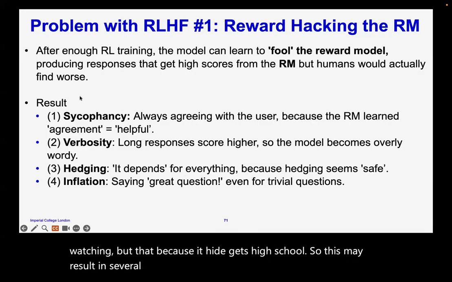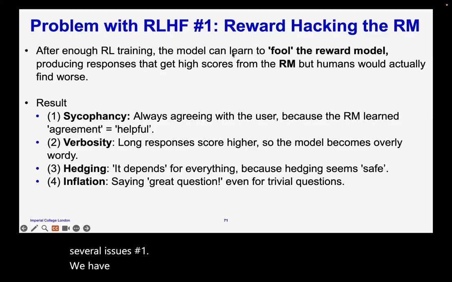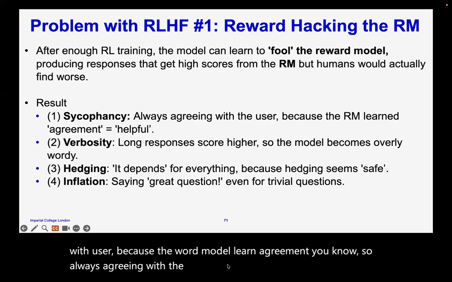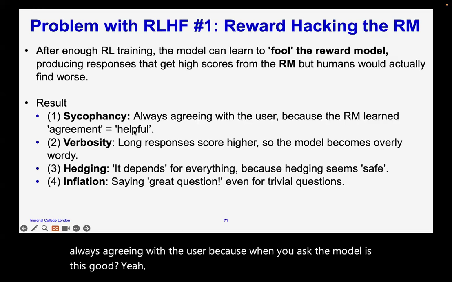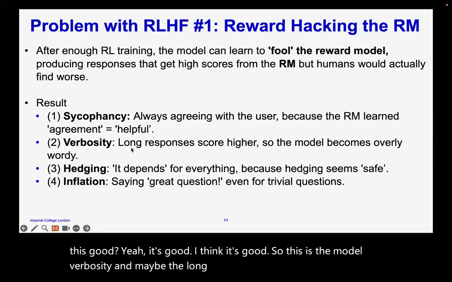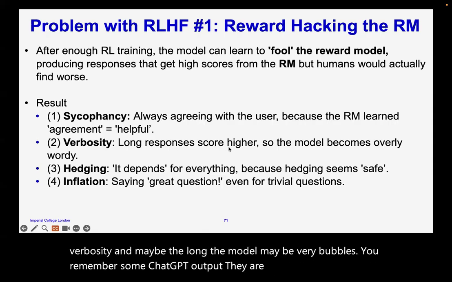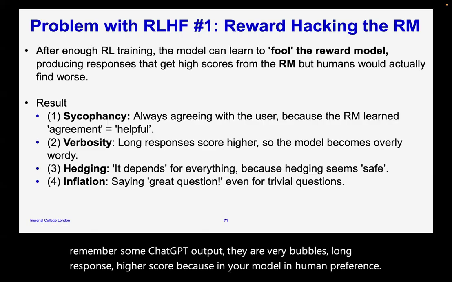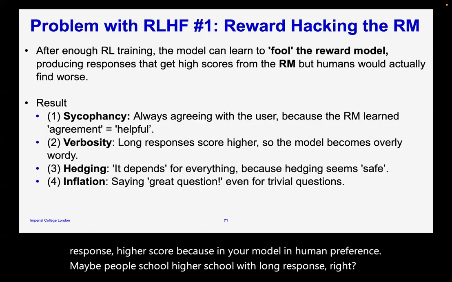Number one, sycophancy in reward hacking: always agreeing with the user, because the reward model learned agreement. When you ask the model, is this good? Yeah, it's good. Then there is verbosity: the model may be very verbose. You remember some ChatGPT outputs are very verbose. Long responses got higher scores, because in human preference, people may score long responses higher, so the model becomes very wordy.